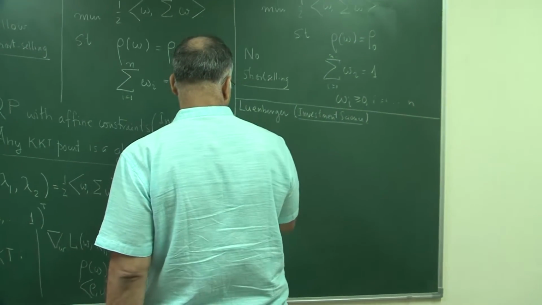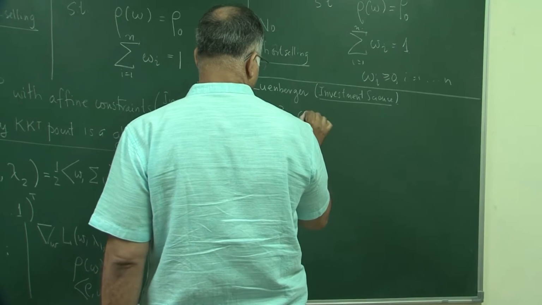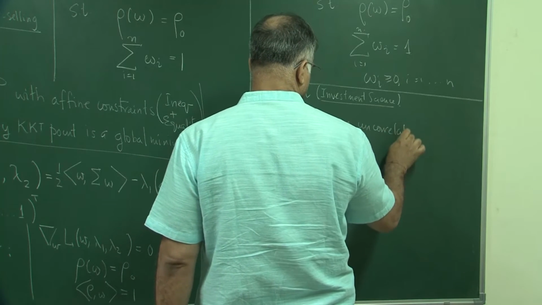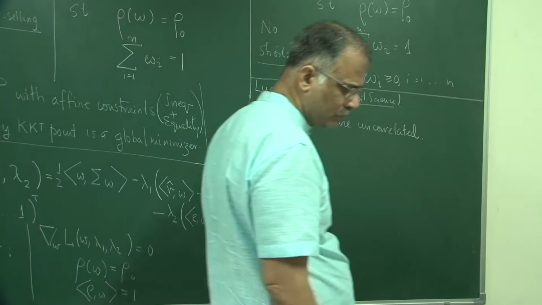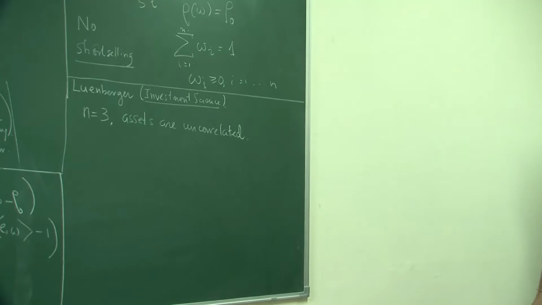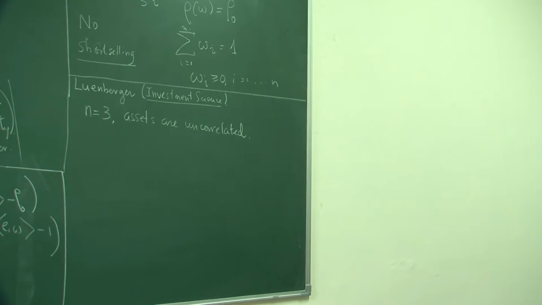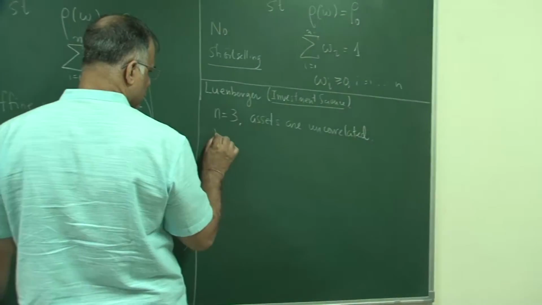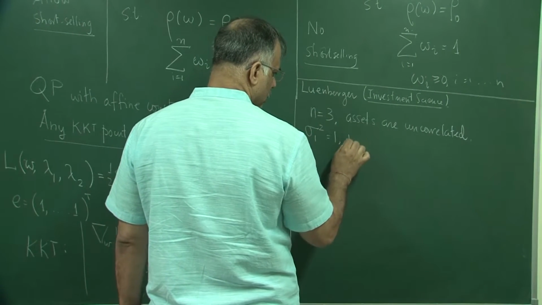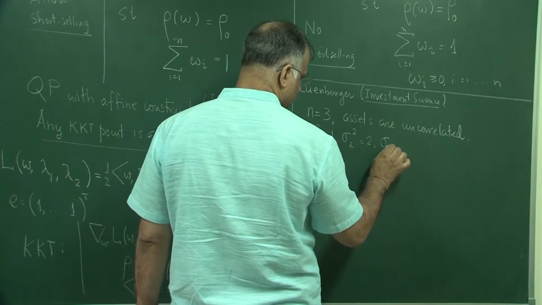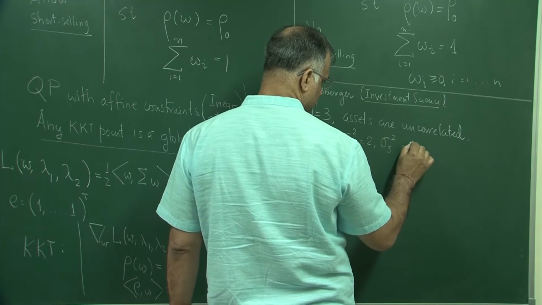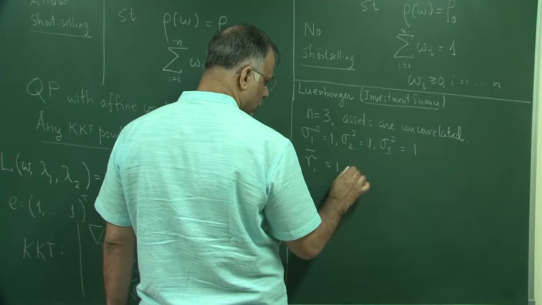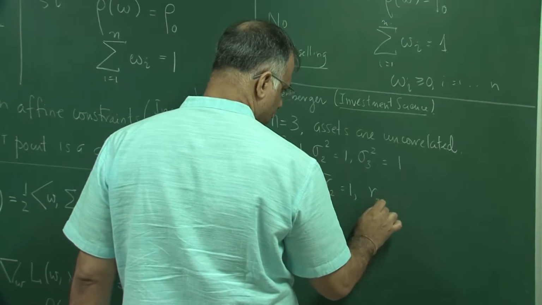So yes, n equal to 3 and assets are uncorrelated, and each has variance 1, so sigma 1 squared is 1, sigma 2 squared is 1, sigma 3 squared is 1, and their means are R1 is 1, R2 is 1, R3 is 1.